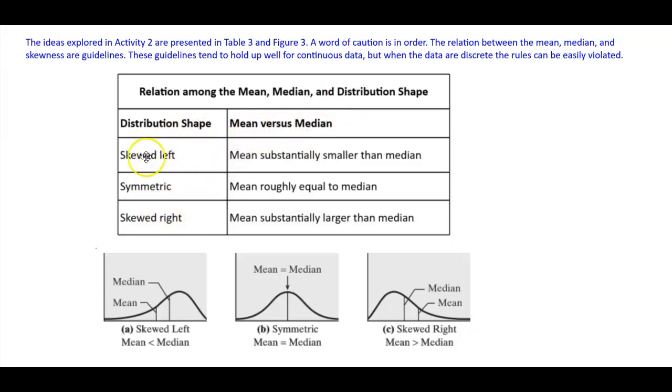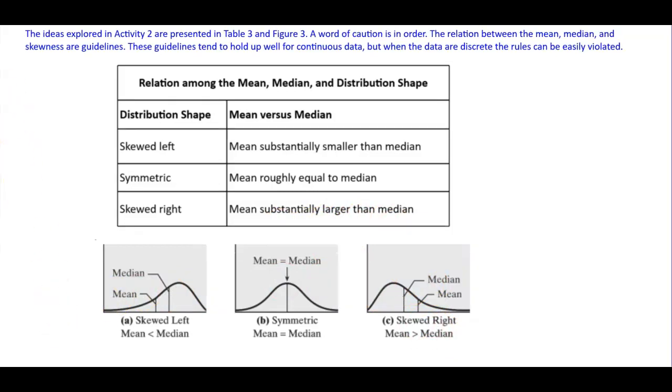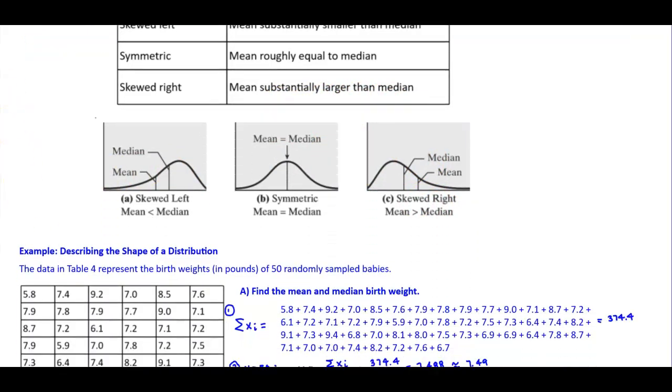When it's skewed left, the mean is substantially smaller than the median, like down here in part A. Symmetric is when the mean is roughly equal to the median, and it's skewed right when the mean is substantially larger than the median.